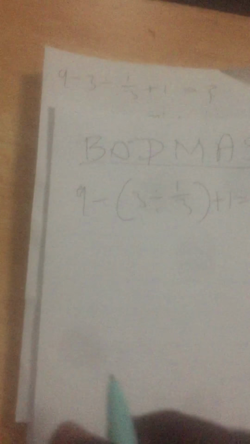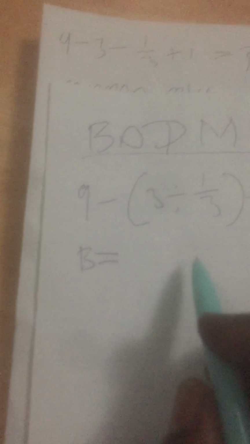So this automatically takes us to make the equation to be 9 minus, in a bracket, 3 divided by 1/3. Close the bracket, plus 1 equals to nothing.